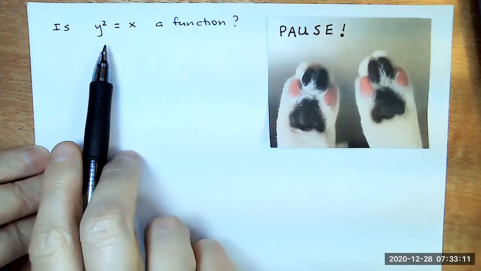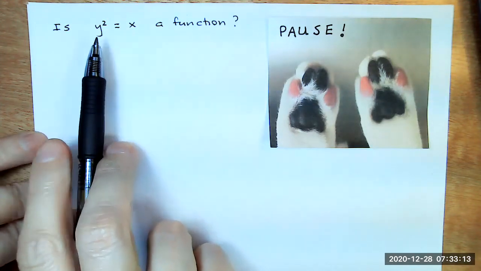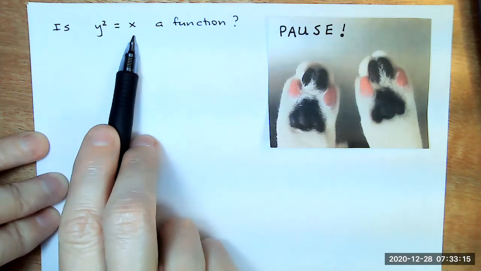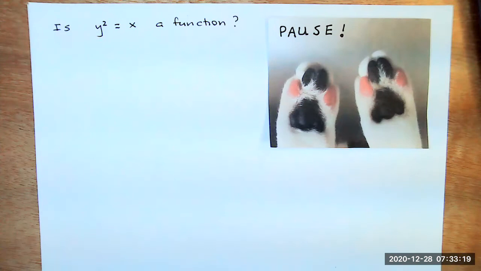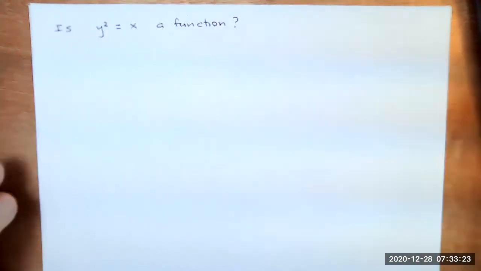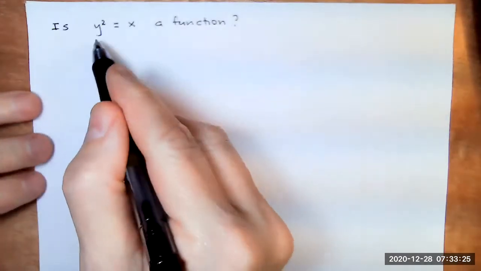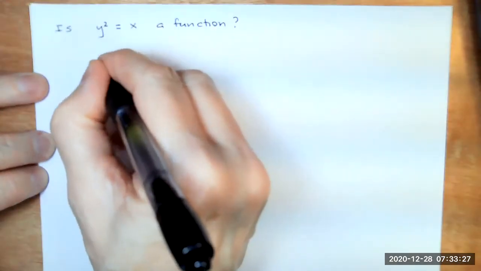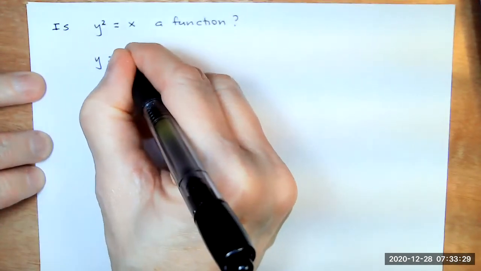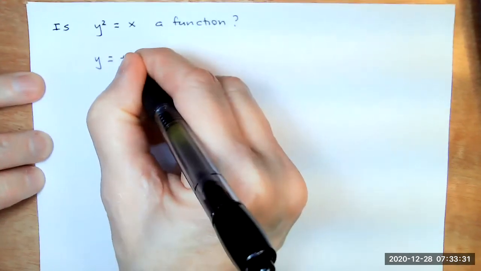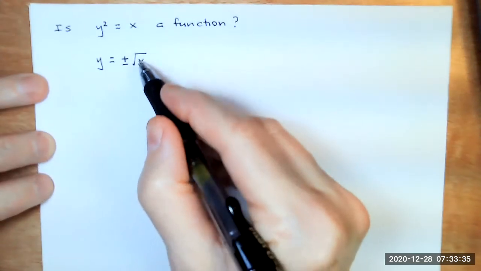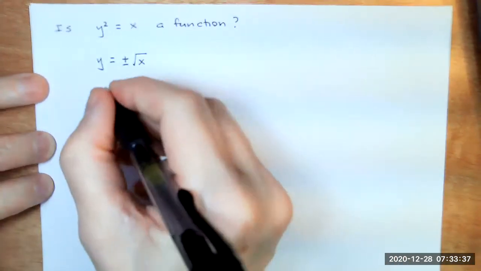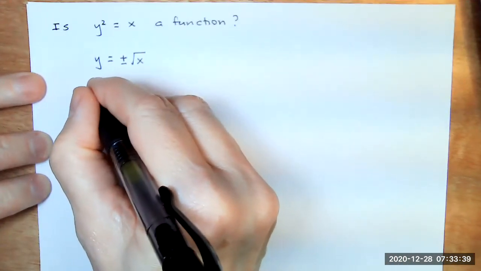So can you use algebra to answer this question? Is y squared equal to x a function? I would hit the pause button and try to answer that on your own. All right, so when you solve for y, you're going to get two answers. And because you have two answers, it's not a function.